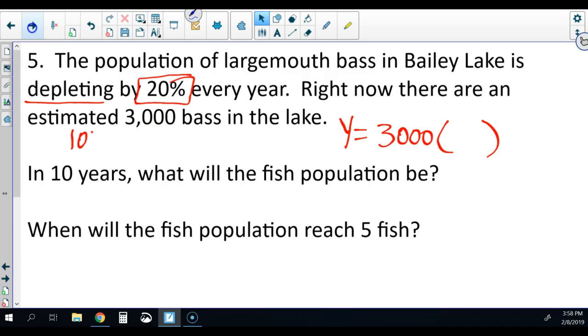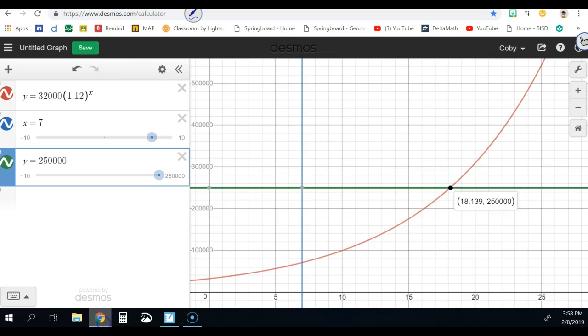So we need to take 100%, subtract the 20, and get 80%, and then convert that into 0.80. That is our growth rate. If they're losing 20%, that means their 80% is remaining in the lake every year. So that's the number we need to use, what's remaining in the lake. 0.80 to the power of X.